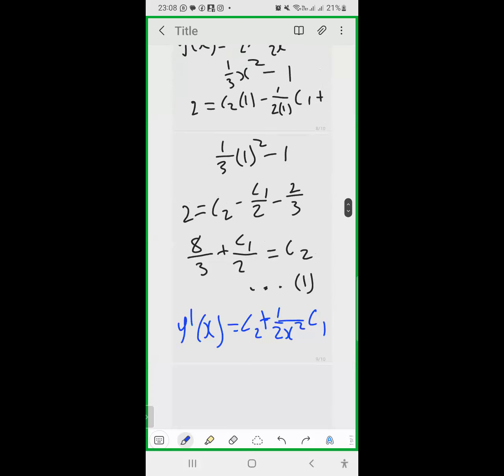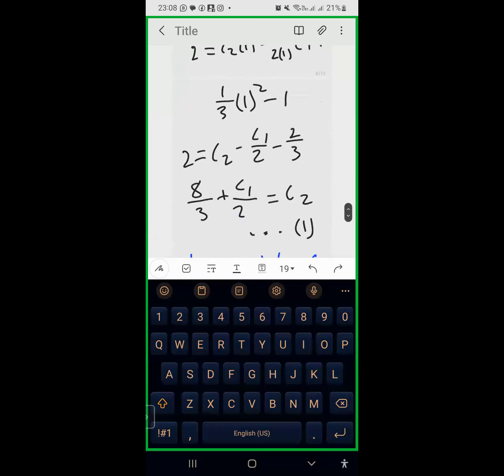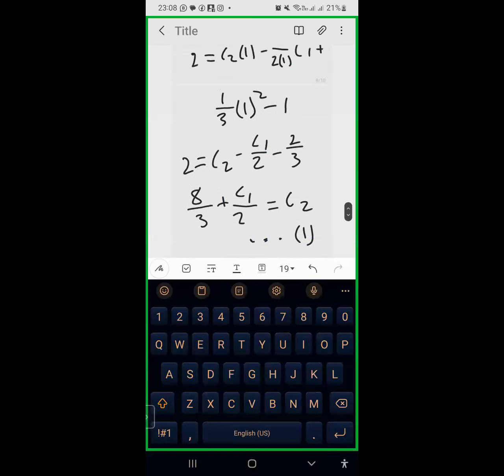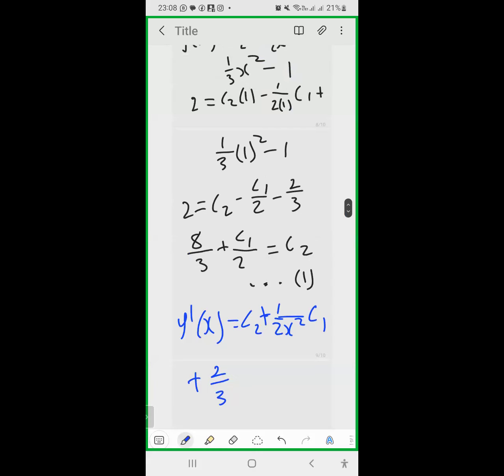So the derivative will be plus 2 over 3 x, and then minus 0. So this is the first derivative.